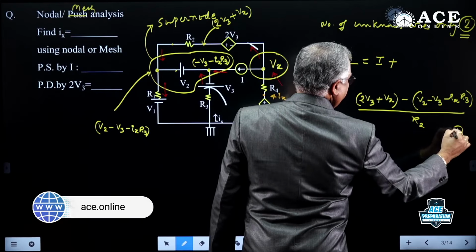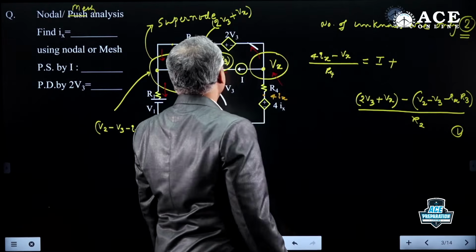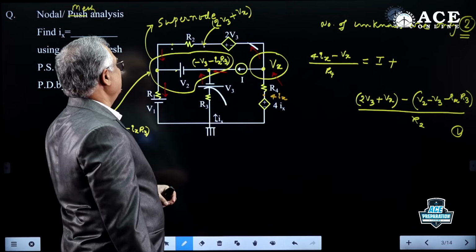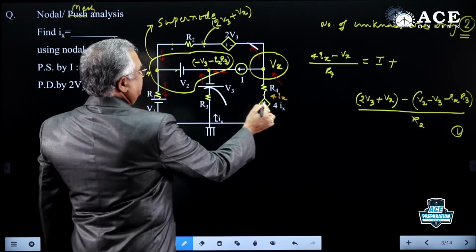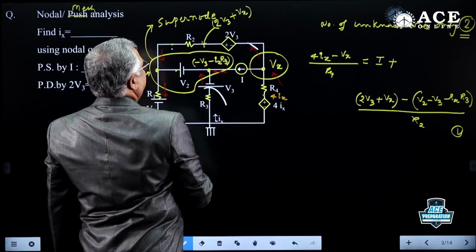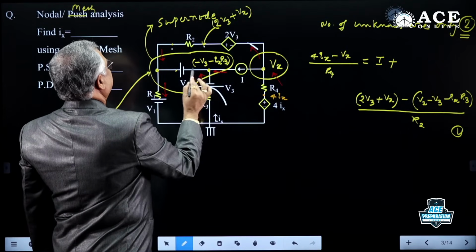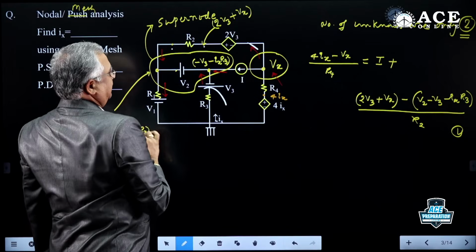So this is one equation. Simple, this voltage minus this voltage by R2. So this is entering, these two are leaving. So that is over. Next, this current entering, this current entering, this is entering, this is leaving.